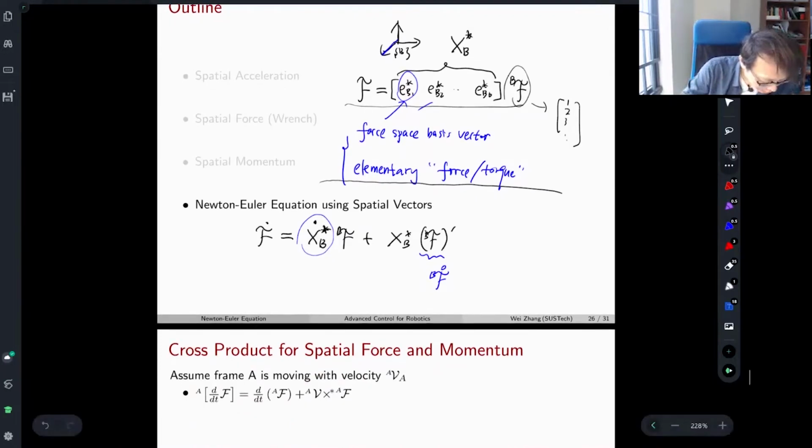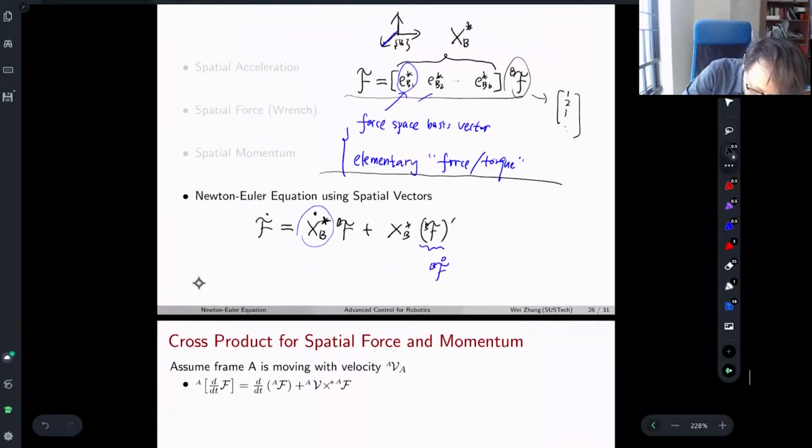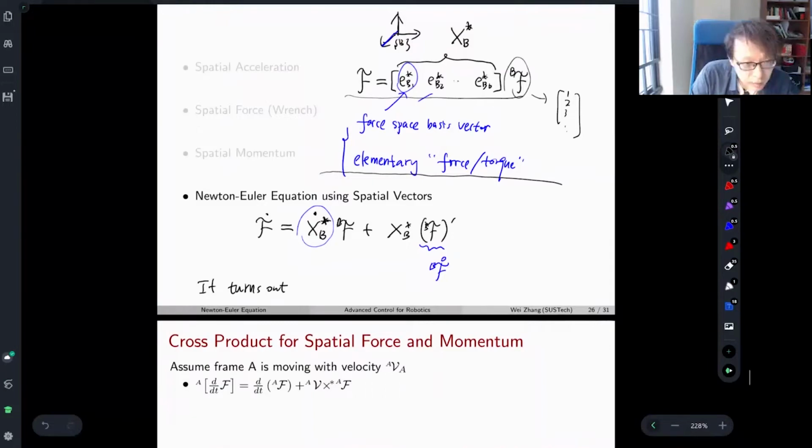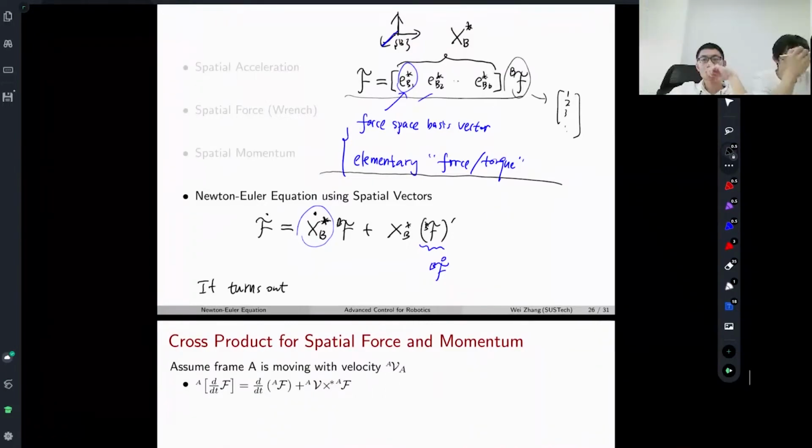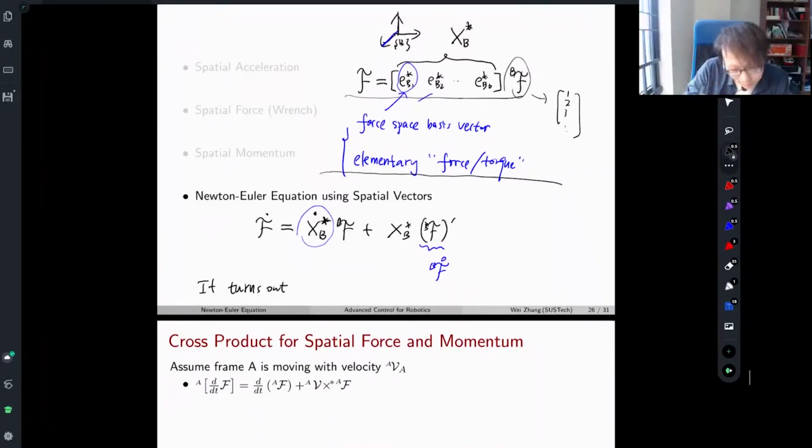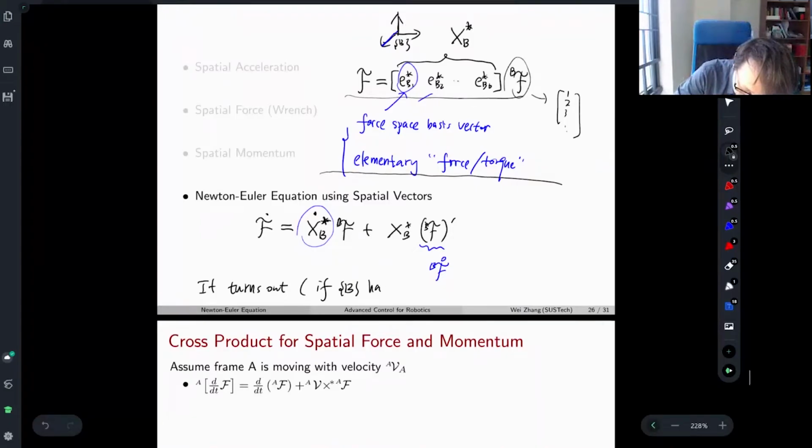It turns out you can derive it. If you're really familiar with physics, you can even think about it in your mind and write down the formula. But it can be shown that if the B frame, so this is the frame, a frame is a rigid body, right? If the B frame has velocity, let's say V of B.